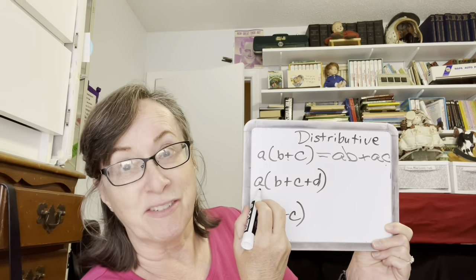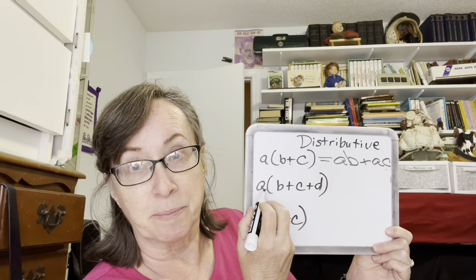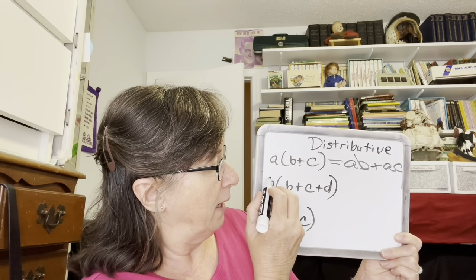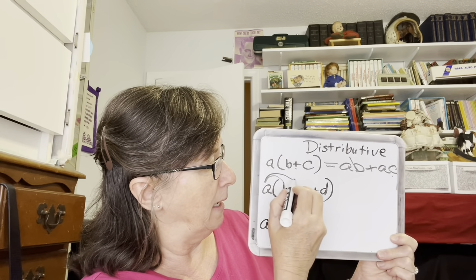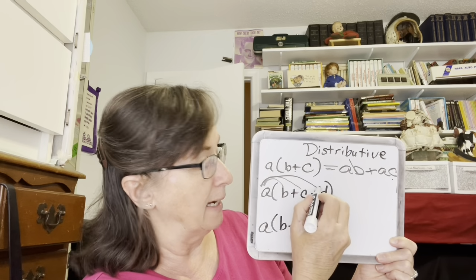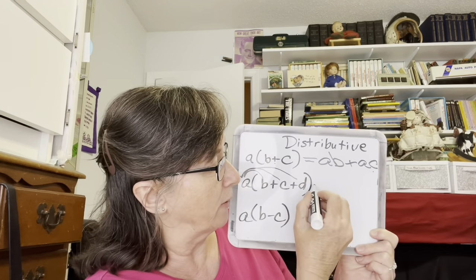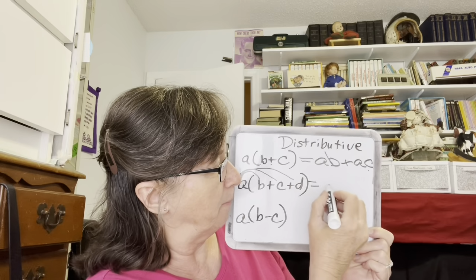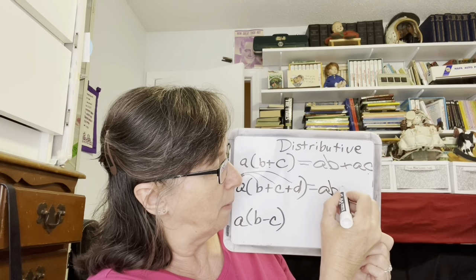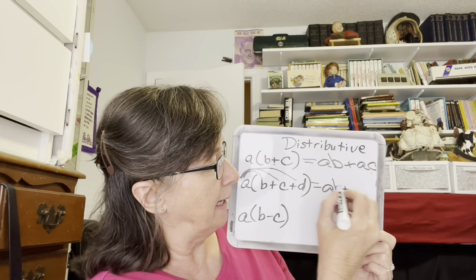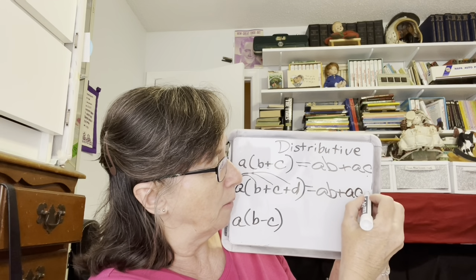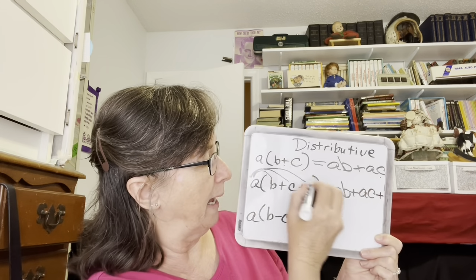Or if we have 3 items in the parenthesis, we could distribute A times B, A times C, A times D, and then add them all together. So that would be AB plus AC plus, I ran out of room, AD.